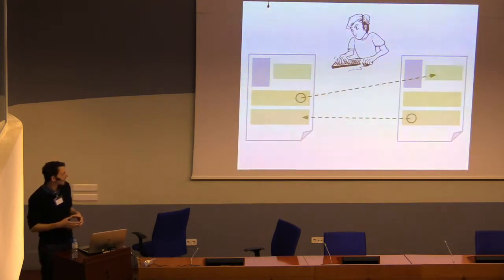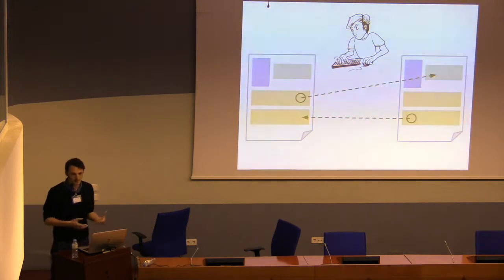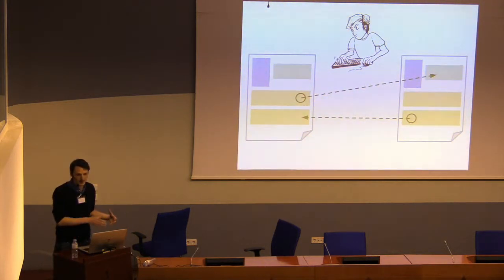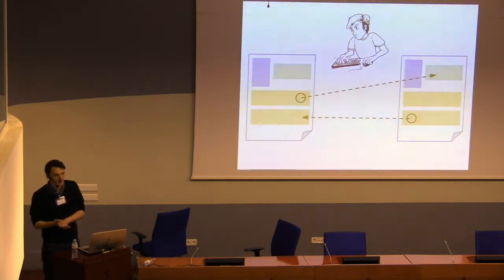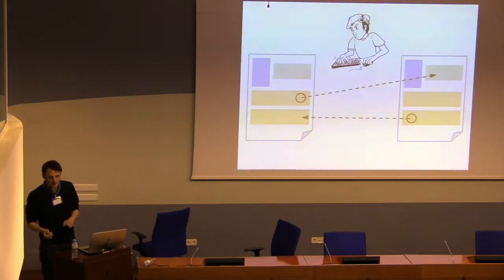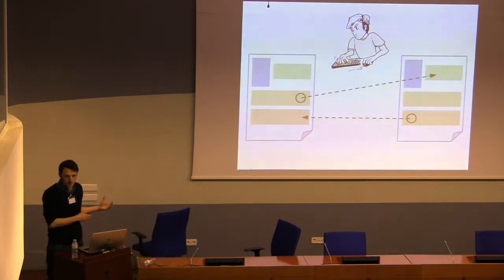But how to actually evaluate the links that we have created between different sets of instructions? Well, we have evaluated this against human-generated links, actually community-generated links. So if you've been to WikiHow, you might have noticed sometimes links between different pages. These are exactly the same kind of links that I showed you before.